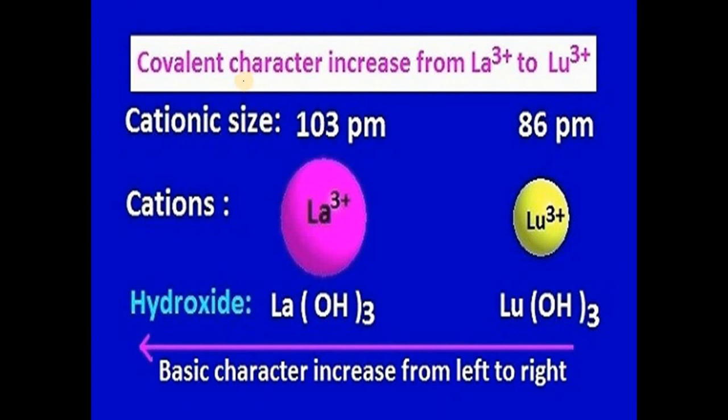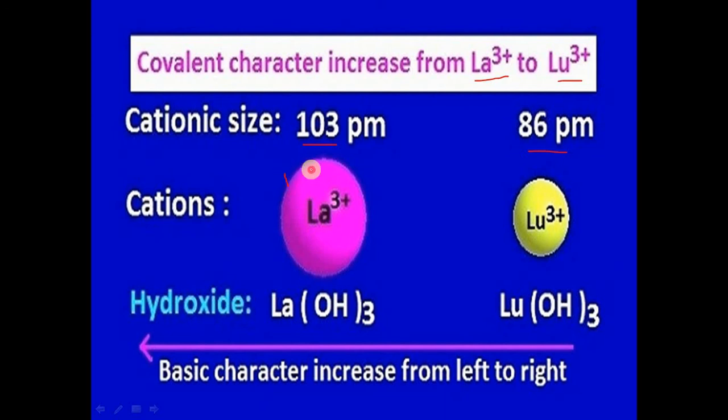So overall, due to lanthanide contraction, covalent character increases from La3+ to Lu3+. So lutetium shows more covalent character, that is, cationic size: lanthanum has 103 picometer and lutetium has cationic size 86 picometer.